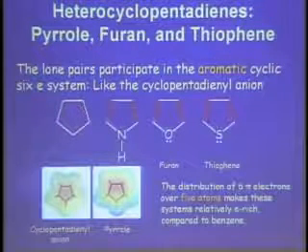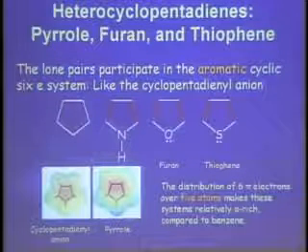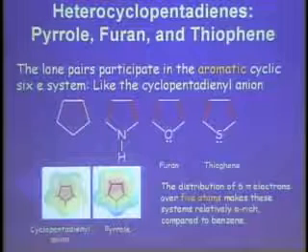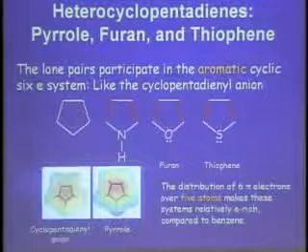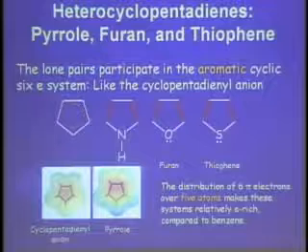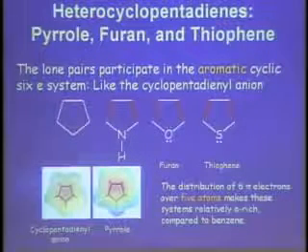So on average, there is an excess electron density distributed over all 5 carbons. So you have 6 electrons distributed over 5 carbons, 1.2 electrons, as it were, per carbon. And that imparts stability to this thing because it's a cyclically delocalized 6-electron frame.